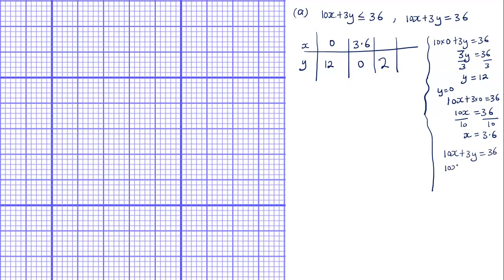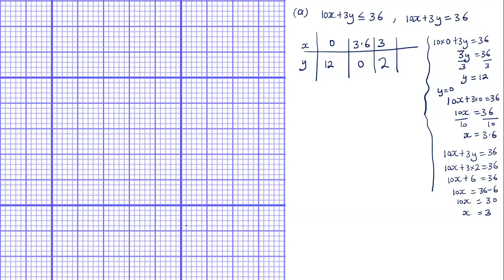So this will be 10x plus 3 times 2 is equal to 36. So this is 10x plus 6 is equal to 36, which will give 10x is equal to 36 minus 6. So 10x will equal 30. And now our x will equal 3. So I can have that one.